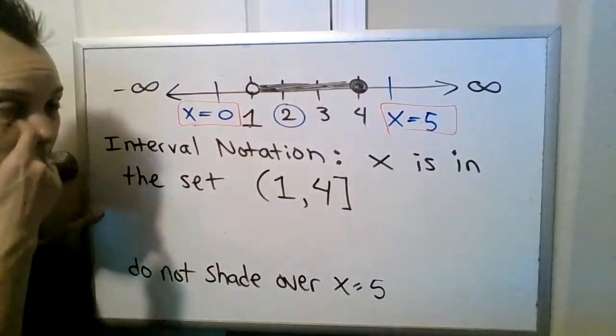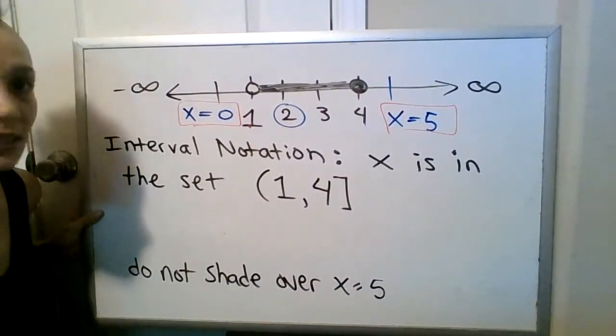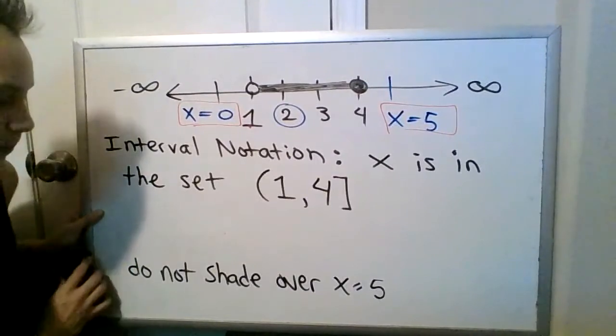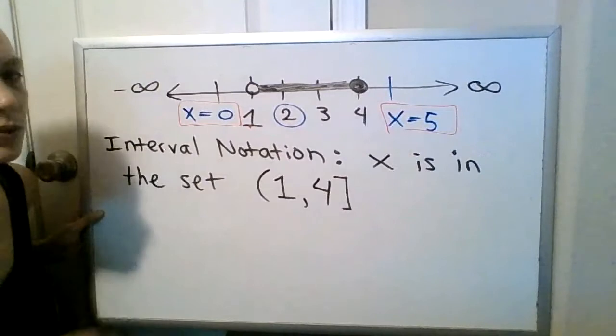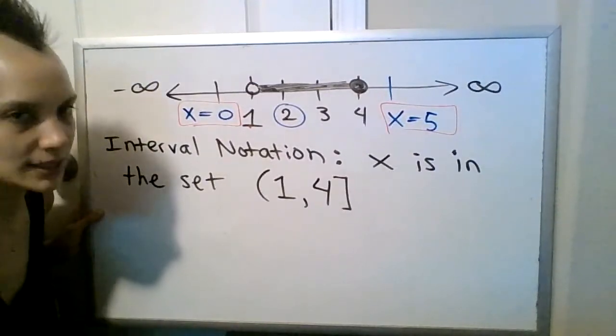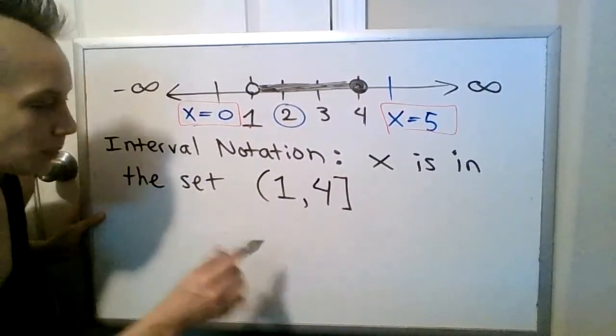This kind of reminds me of something that I saw on the quiz, and it's not a big issue, it's just a matter of notation. There's a symbol for, we're not going to use it in this class, but just for fun, I would like to show you this symbol.